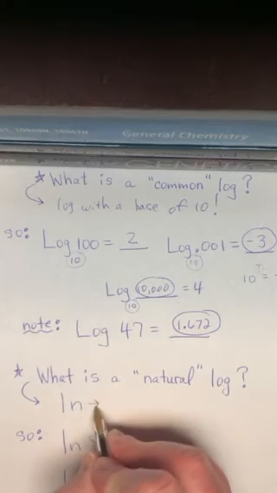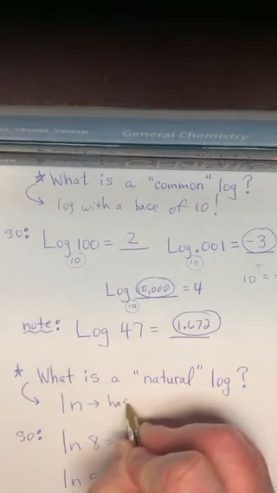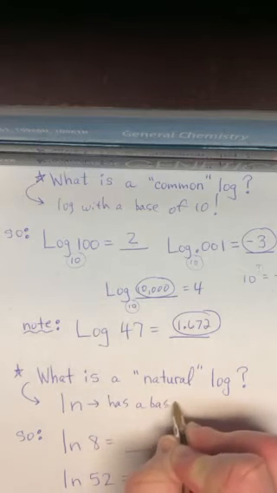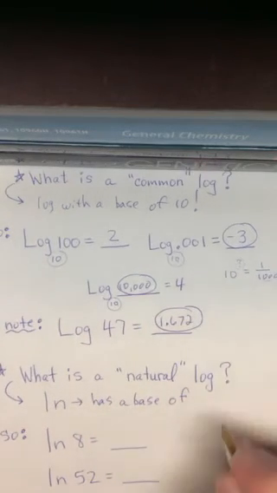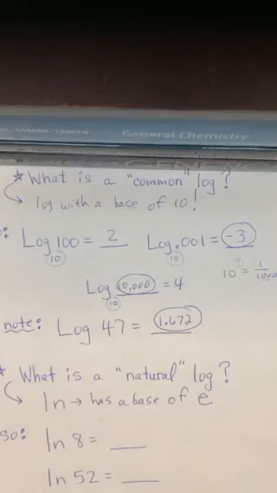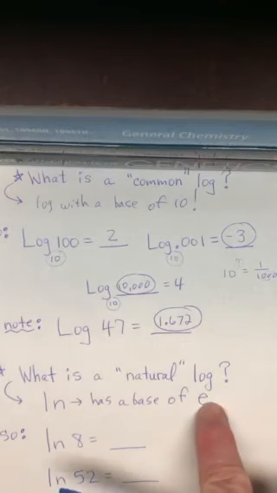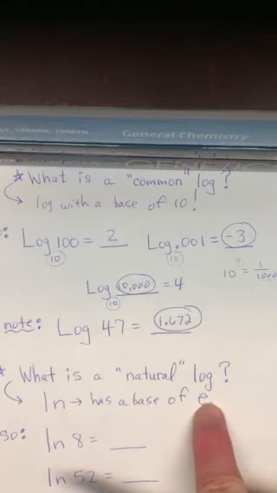And a natural log has a base of, and it's the letter E. E is kind of like the pi symbol. Remember the pi symbol when you first learned what pi was? It was 3.14 blah, blah, blah, an irrational number.